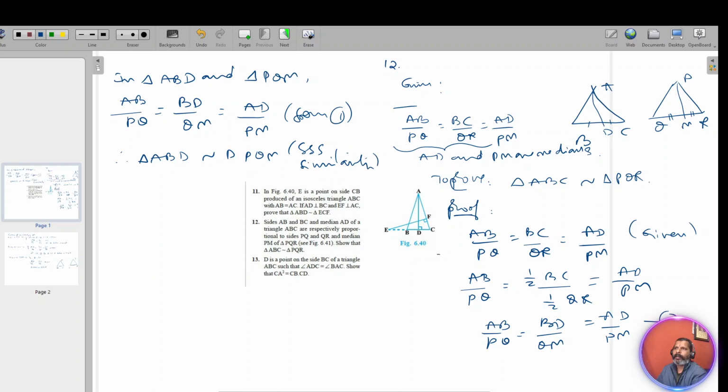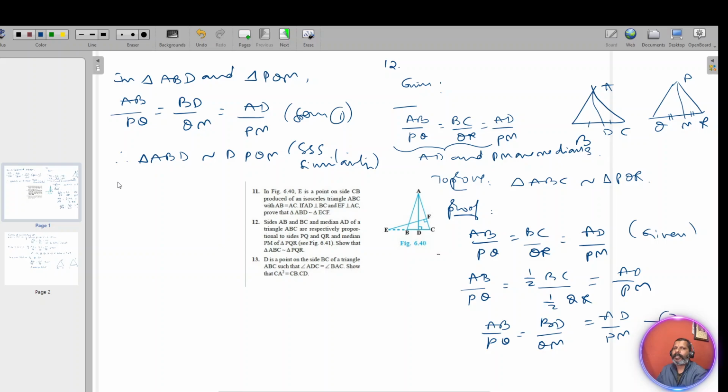similarity. Understood? How do you prove SSS similarity? Means half BC, half QR. I'll take the BD part, because ABD you can also take CD. That time it will come ADC and PMR as similar triangles. So with this similarity, we can take out other remaining parts as equal, right?